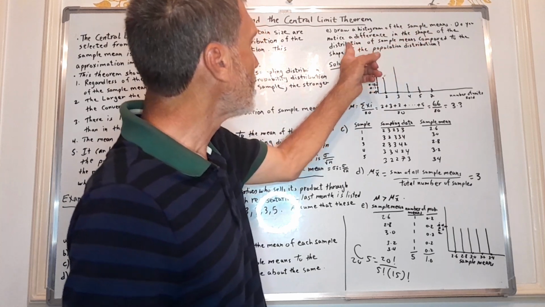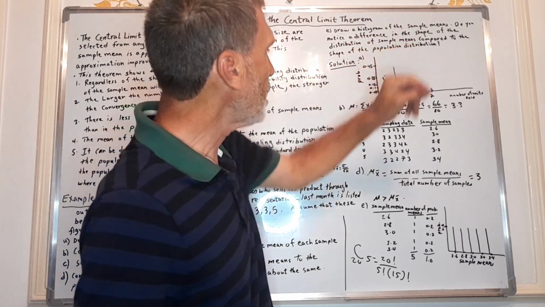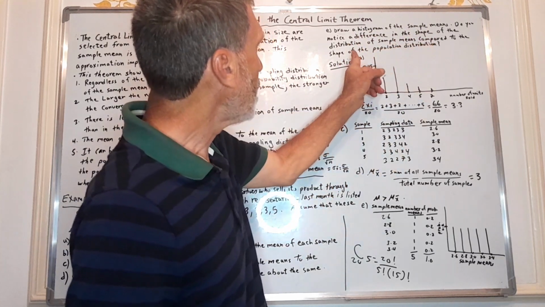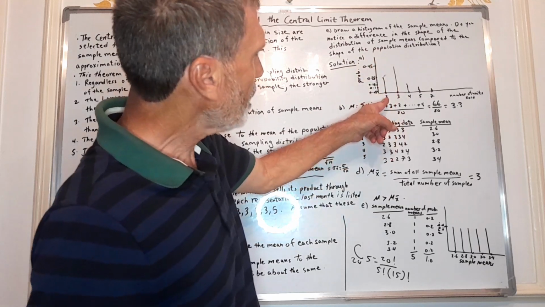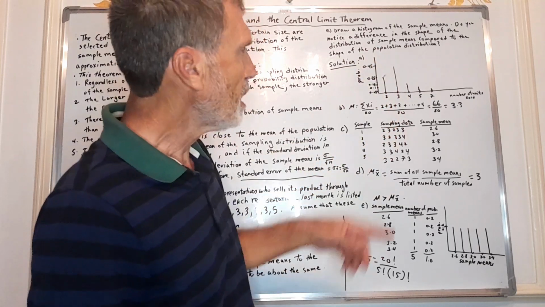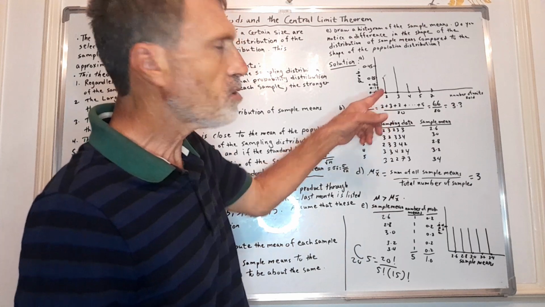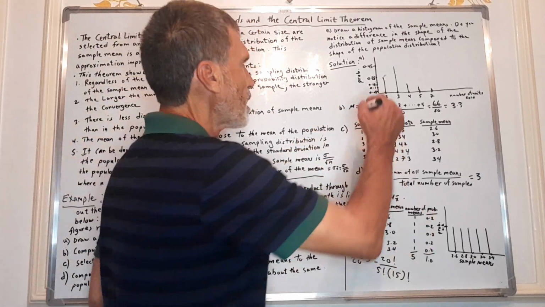Now, E says draw a histogram of the sample means. Do you notice a difference in the shape of the distribution of these sample means compared to the shape of the population? If you look at the distribution of the population, it's positively skewed, something like this.